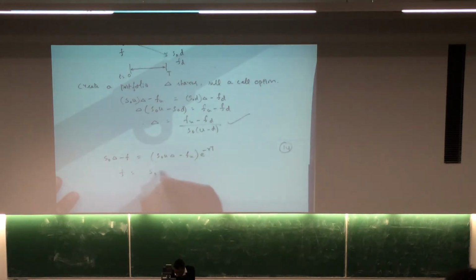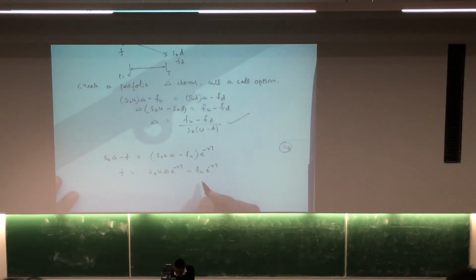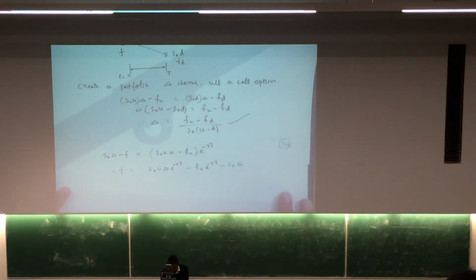Let me expand these things so that you do not get confused. Minus FU e power minus RT, or the other way around, that's fine. So minus S naught delta. I just brought the S naught delta and expanded that.